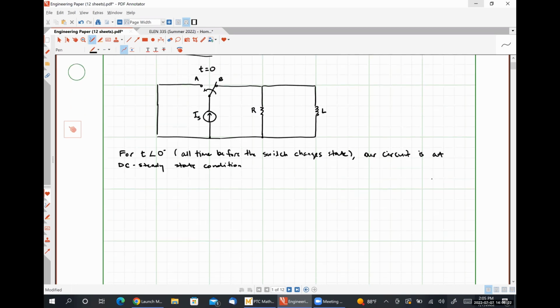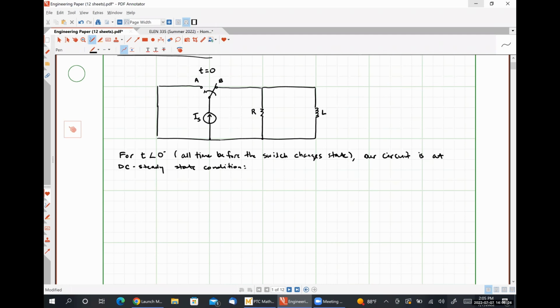So for the circuit that I've drawn above, what that would look like would be something like this. Okay. So here's position A. It is open circuited. Here's B, and our current source is directly connected.